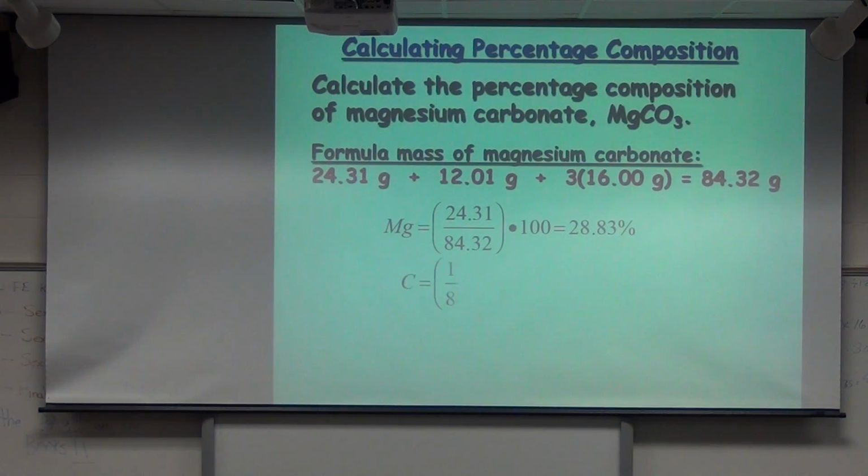And then you can go ahead and do the same thing with the carbon. And the oxygen. And of course, if we're figuring out what percent each of these is of the whole thing, when we add each of them together, it should all add up to 100.